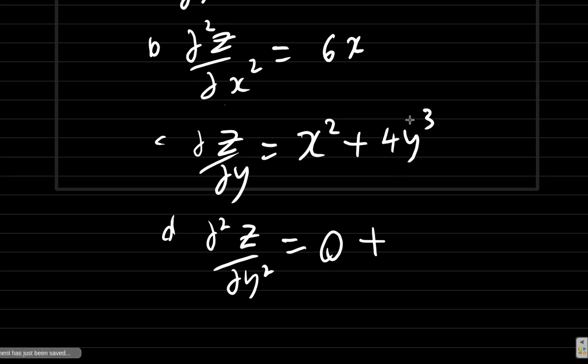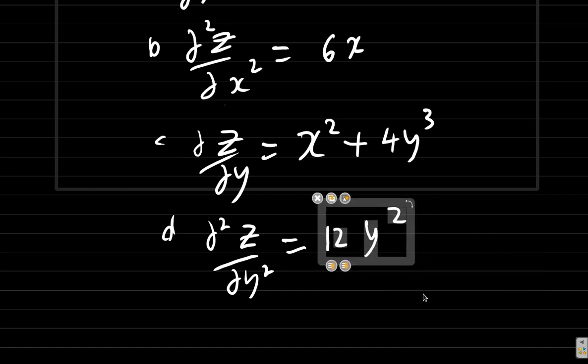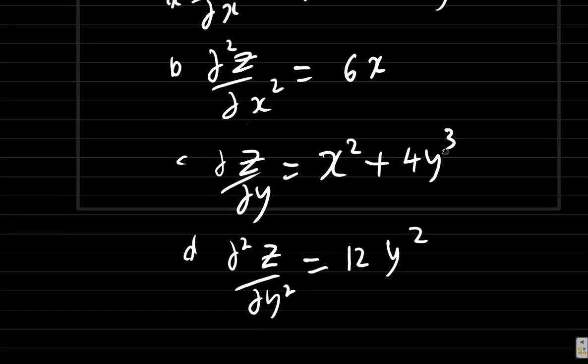You're going to bring down the 3, and it's 3 times 4y to the 3 minus 1. Well, 3 minus 1 is 2, so this is y squared. And of course 3 times 4 is 12. 0 plus that, you don't have to have the 0 plus there. So what you have as the answer here is 12y squared.